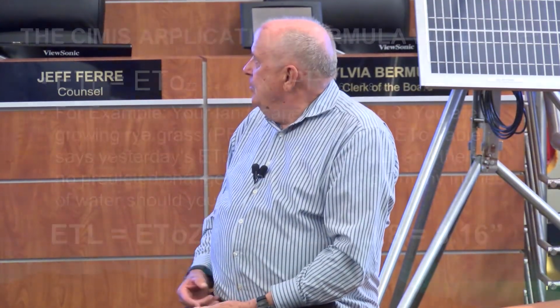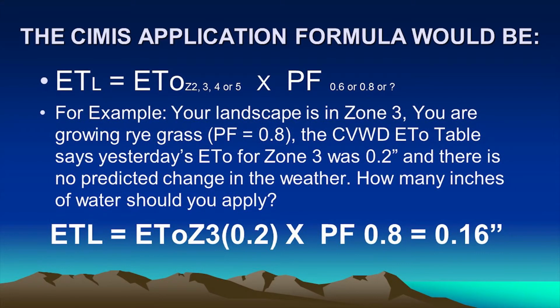Here's the formula in action. ETL, the ET of the landscape, is equal to the ETO of whatever zone you're using, times the plant factor from whatever plants you're irrigating. So for example, you live in zone 3 and you're growing ryegrass. It has a plant factor of 0.8.